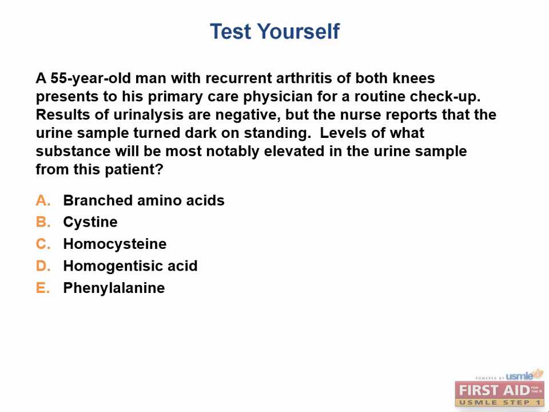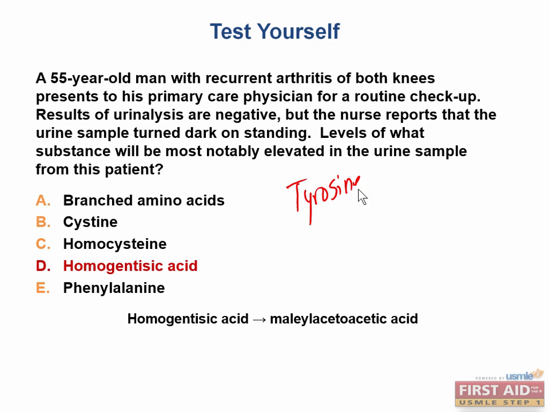The answer here is going to be D, homogentisic acid. This question gives some good clues as to what the patient has. First, the question says that the patient has recurrent arthritis. Also, his urine turns black upon standing. These two findings together suggest alkaptonuria, which is the result of defective tyrosine breakdown.